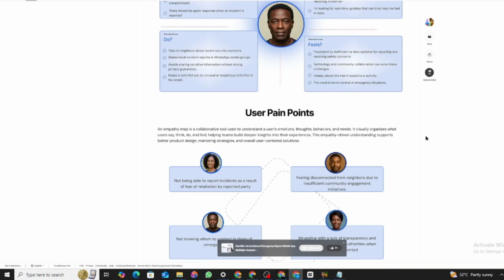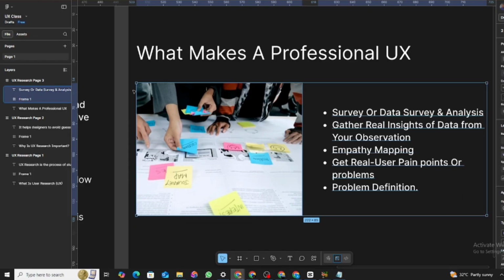So this is why I am requesting that you do your user research first, because normally on my own end, after the user research, I already see in my mind what the product will look like. This is the essence of what a good user research can do.